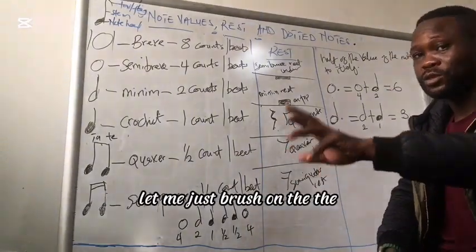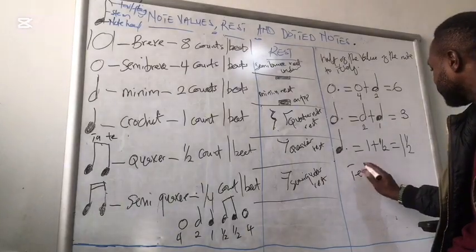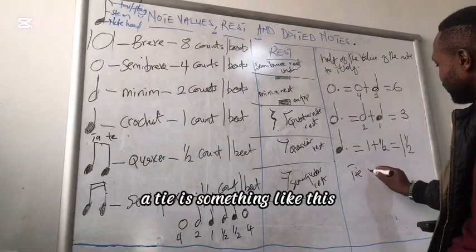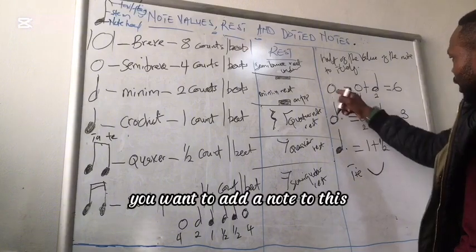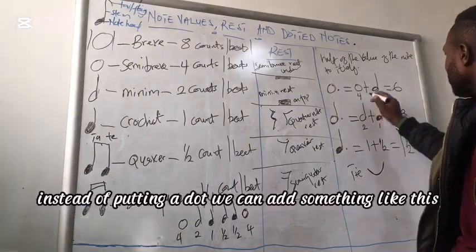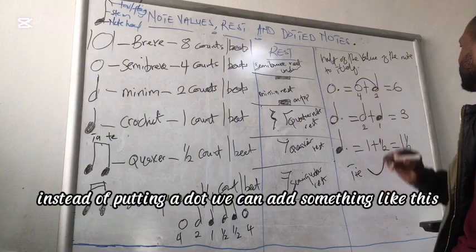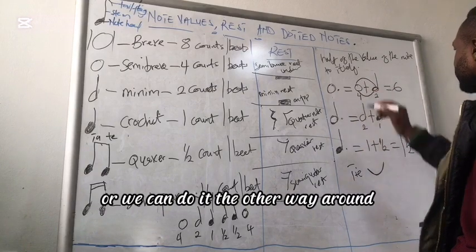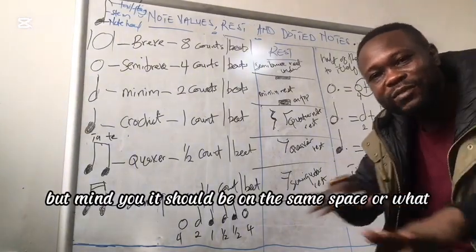Okay, let me just brush on the ties I was talking about. A tie is something like this. You want to add a note to this. Instead of putting a dot, we can add something like this, or we can do it the other way around. But mind you, it should be on the same space or what?